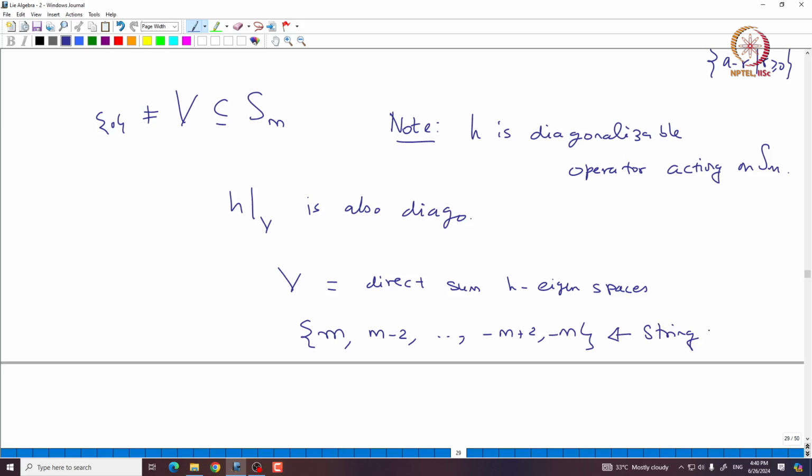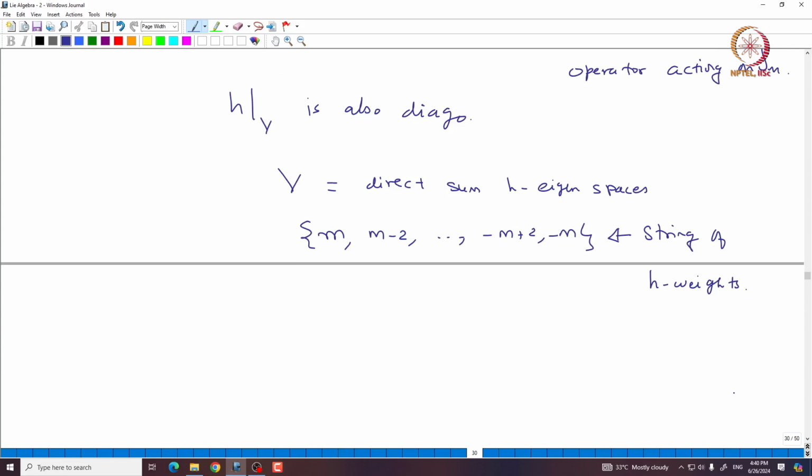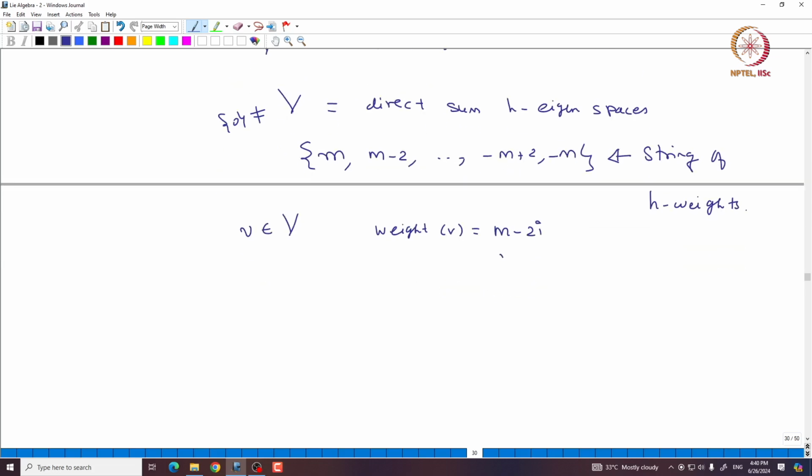So, if V is a direct sum of H eigenspaces and V is non-zero, then we will be able to find a vector v inside V, and the weight of that v will be some m minus 2i, for some i belonging to 0 to m.